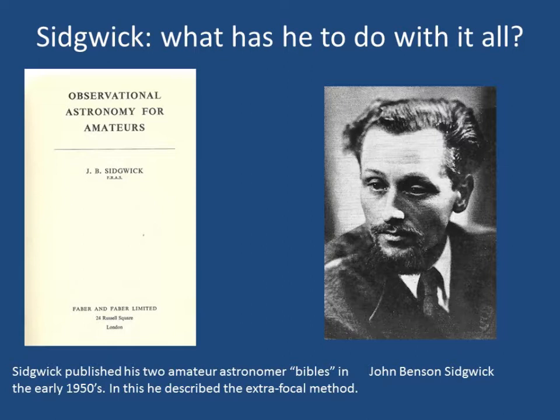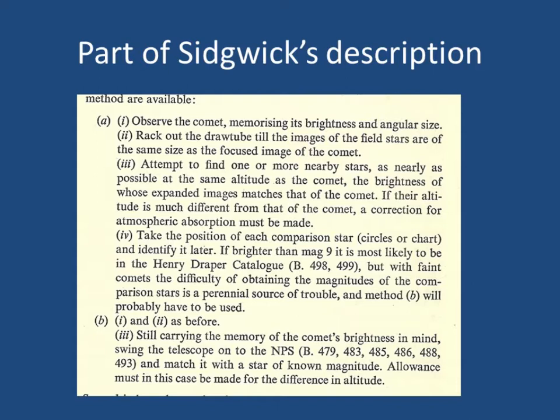Well, Sidgwick, as many of you may know who are aficionados of old astronomy books, published two amateur astronomy Bibles in the 1950s. And in this he described the extrafocal method, and that's a picture of John Benson's Sidgwick. And he says that this was how to make comet visual magnitude estimates.